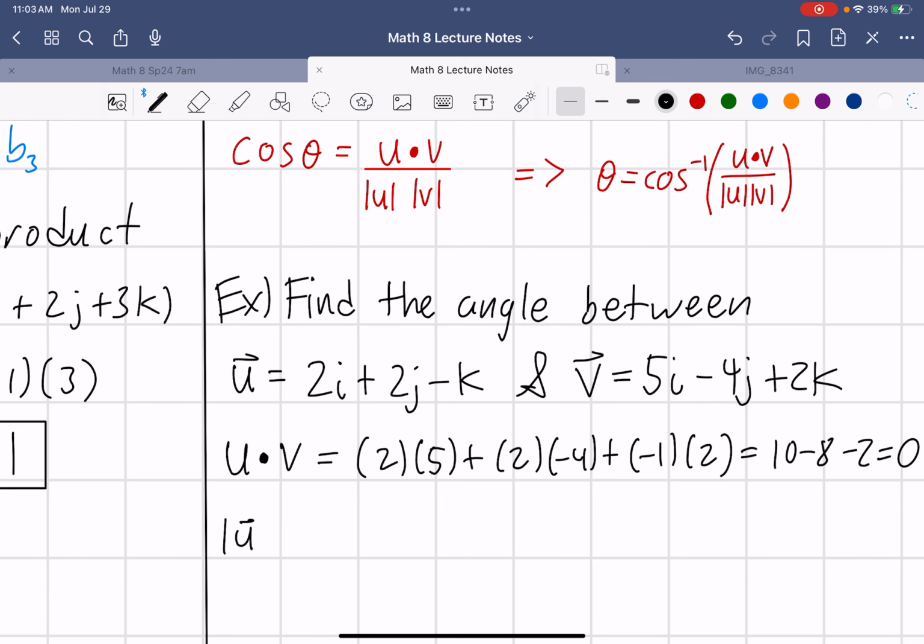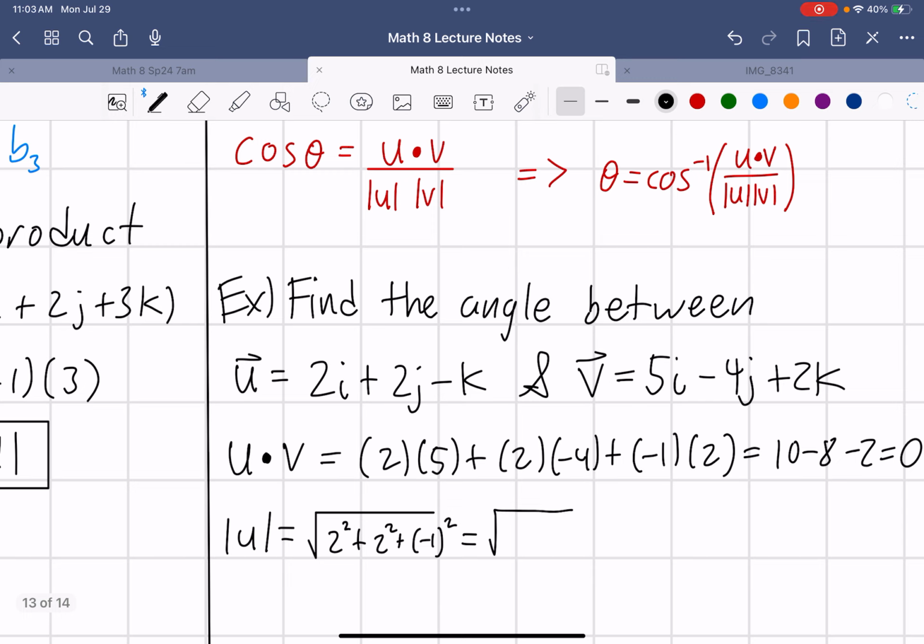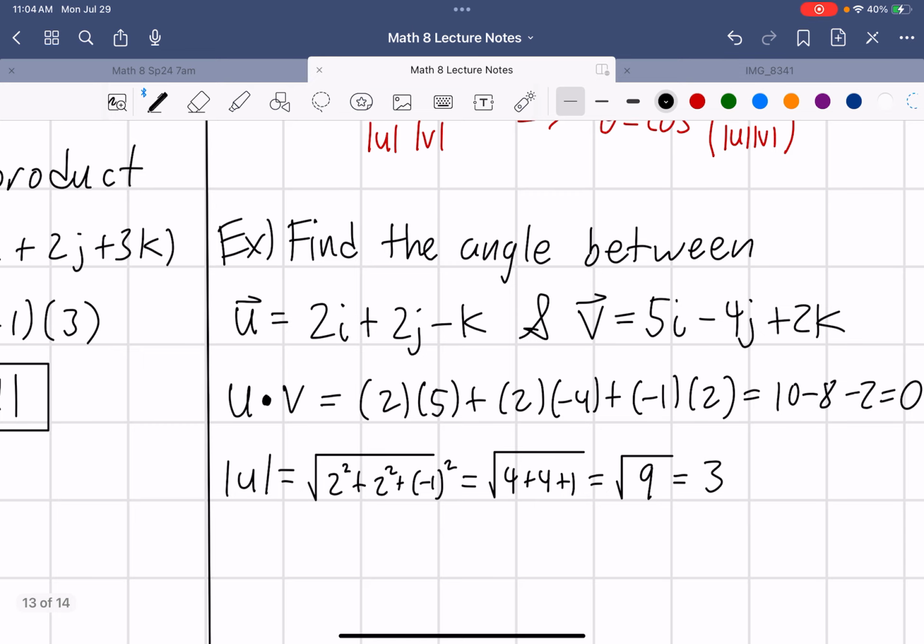And then we need to know the magnitude of u, which is going to be the square root of 2 squared plus 2 squared plus -1 squared. And that's going to be the square root of 4 plus 4 plus 1, which is the square root of 9, which is equal to 3. The magnitude of v is going to be the square root, right?